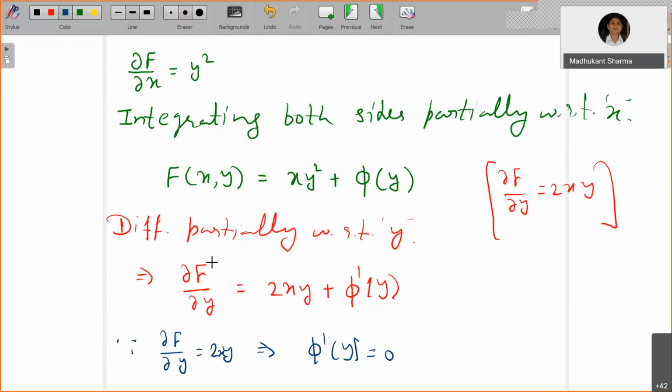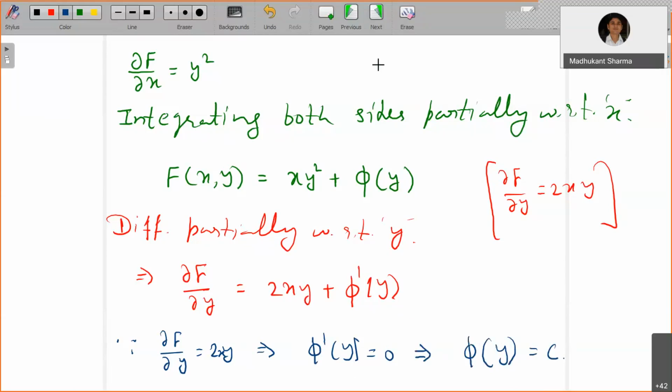Because ∂F/∂y is 2xy, so 2xy will get cancelled, and you will remain with φ'(y) is 0. So this is dφ/dy. You can use the variable separable method, or you can say surely that φ(y) is a constant, it does not depend on y itself.